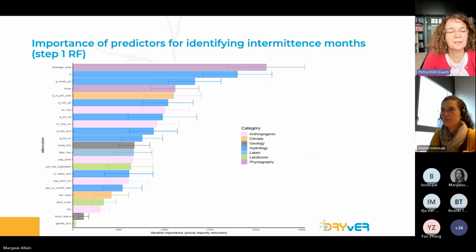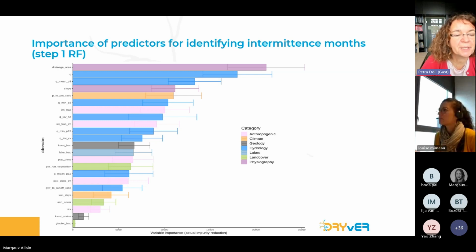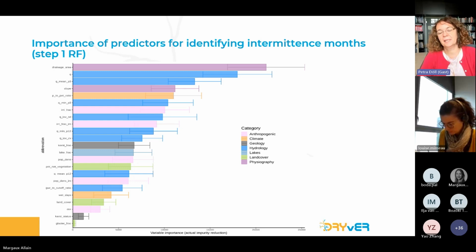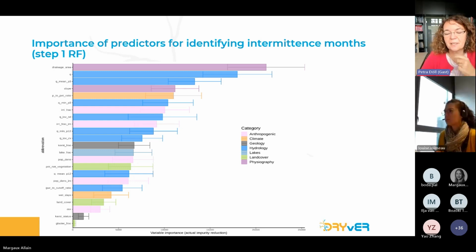So the smaller the drainage area, the more likely it is that a stream flow is intermittent. This just comes out of these 3,700 stream flow observations. But then the next predictors are the monthly time series of stream flow, the second one being the mean monthly stream flow over the last 3 months. And then the fourth one is the slope. And the fifth one is the aridity. And so it goes down like that. So you can see what is the cause of intermittence. Next one.